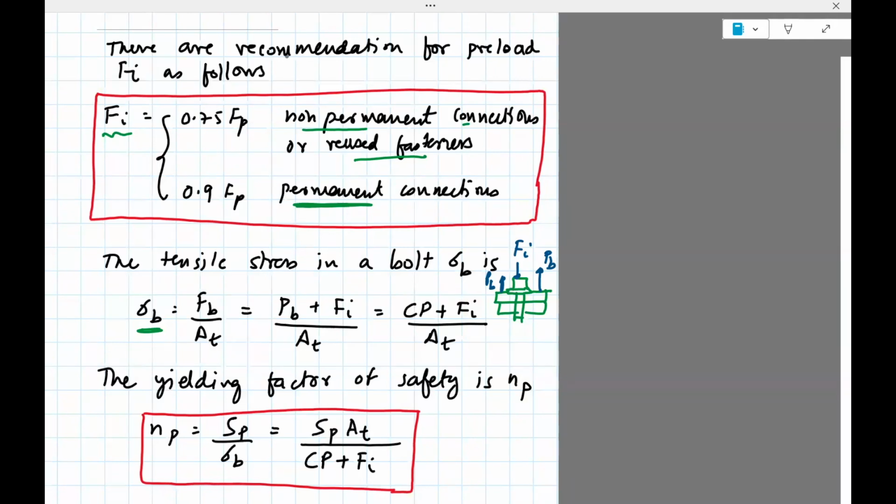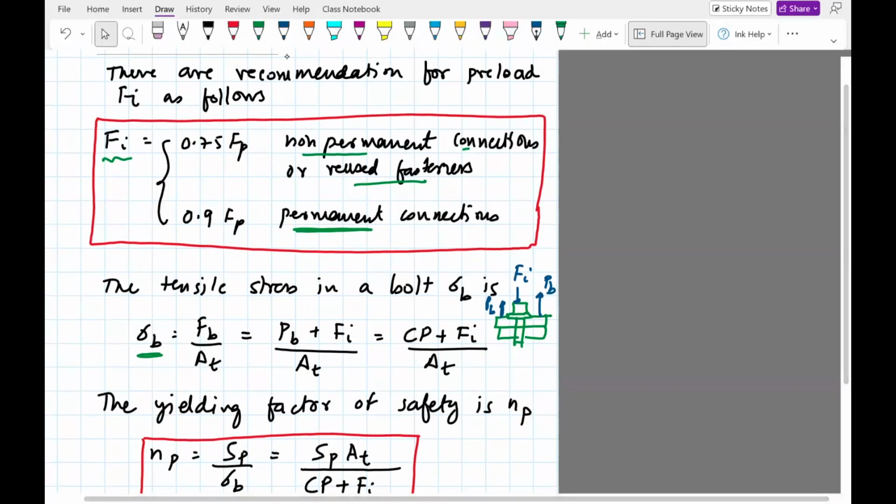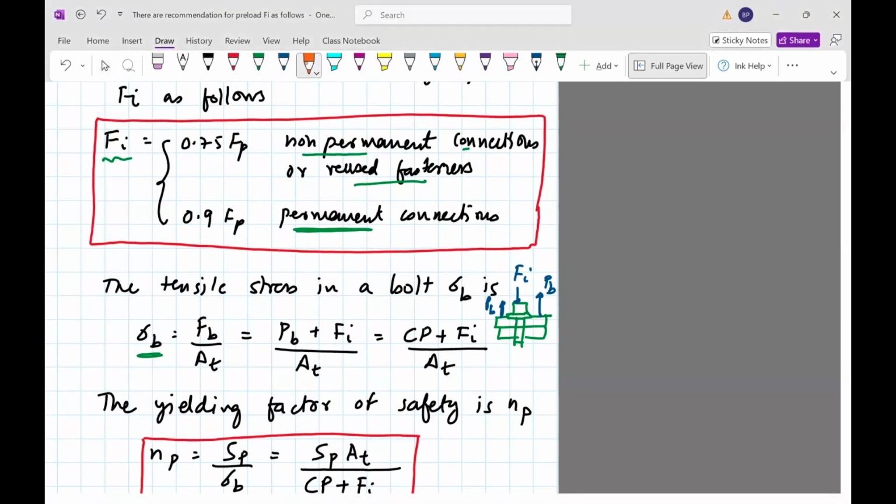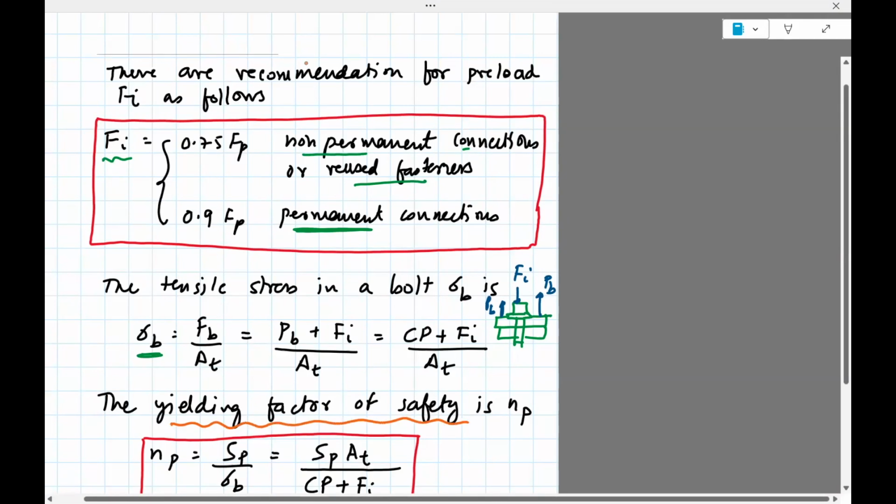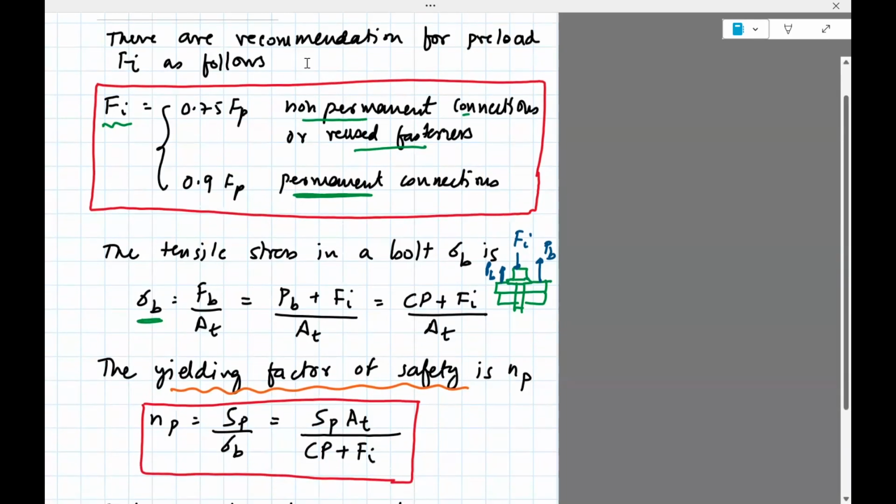Okay, so now we come to the factor of safety for a bolt. In the equation above, it says FI is equal to 0.75 times FP. What's FP? FP is the proof strength.